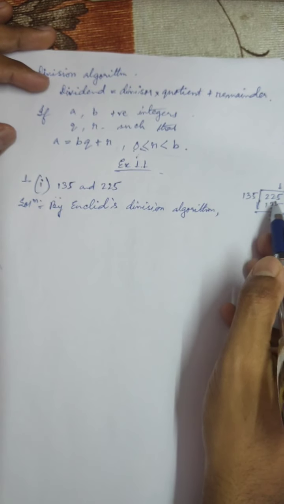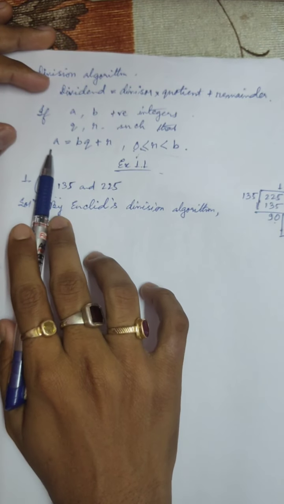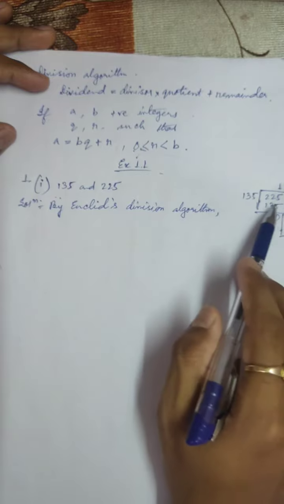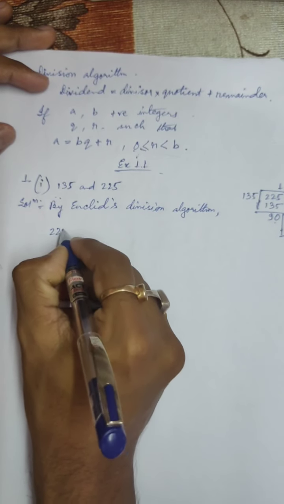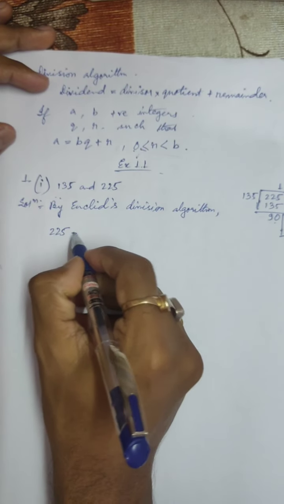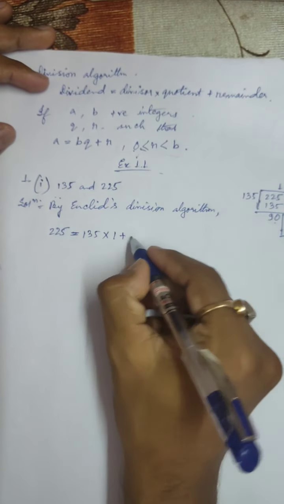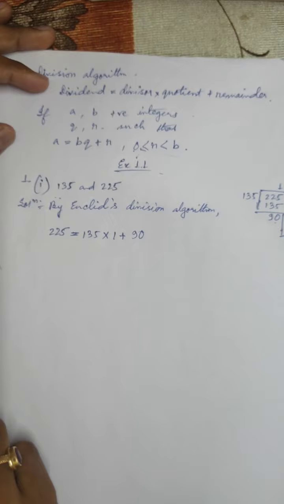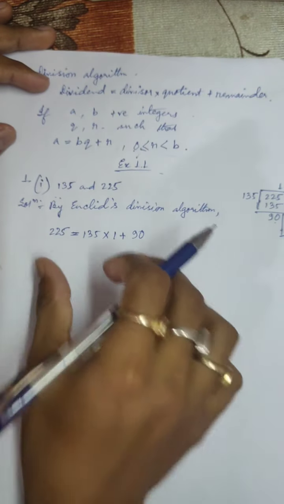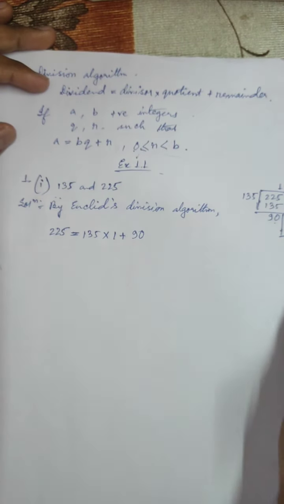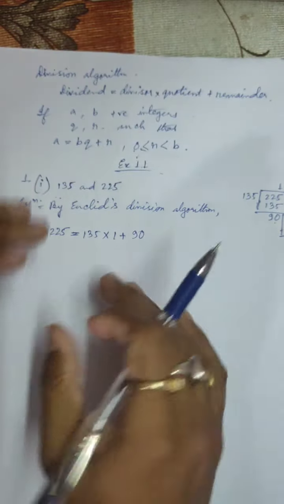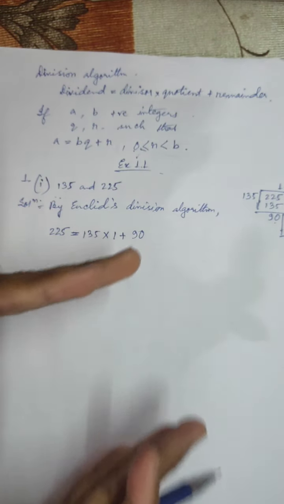So first this is the dividend in the first step: 225 equal to divisor 135 into quotient 1 plus remainder 90. All right, in the next step we shall show this stepwise. This division we just split and show stepwise.